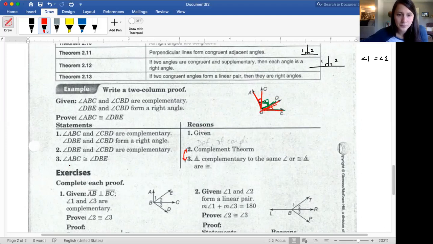So I'm going to say angles DBE and CBD are complementary, and that is because angles complementary to the same angle are congruent.